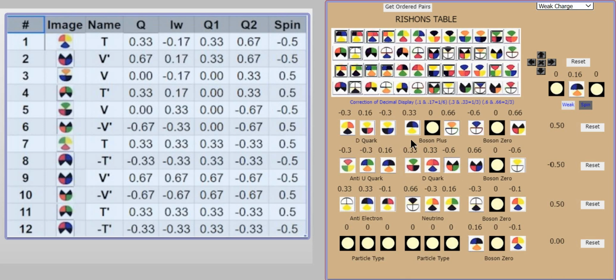It has a 0 weak charge. And if we look at the weak charge on the anti-electron, we can see that it is plus 1/2 as indicated by the standard model. And on the neutrino, which is left-handed, we have also a weak charge of plus 1/2.